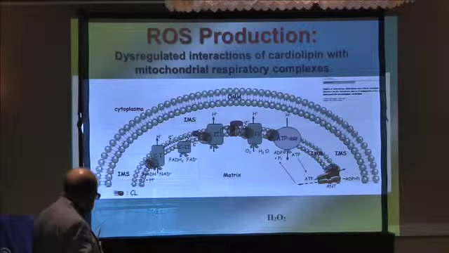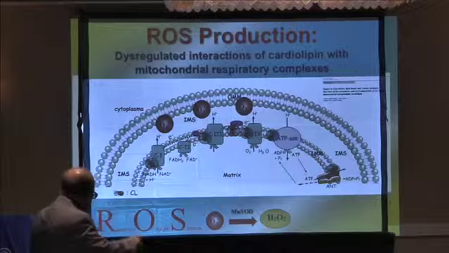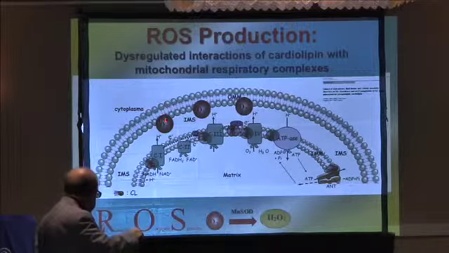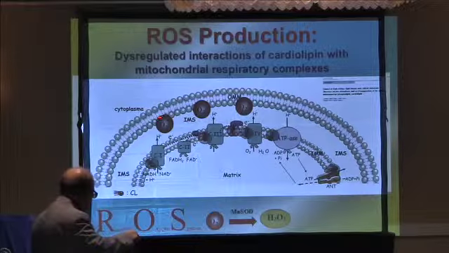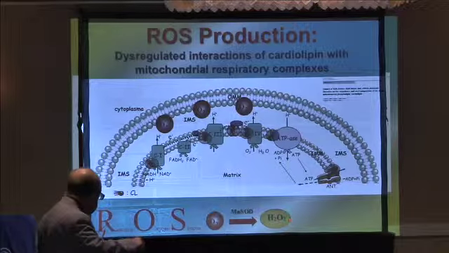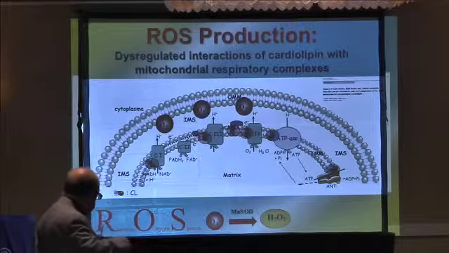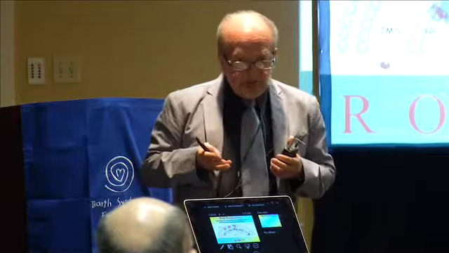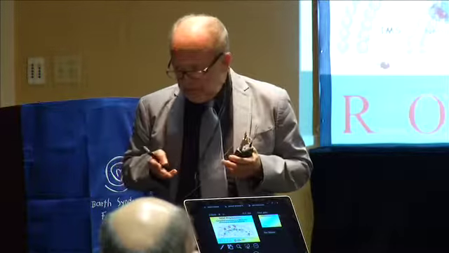So in dysregulation, electron transport will be carrying electrons to oxygen, and then superoxide radicals will be formed, and their dismutation will produce hydrogen peroxide. This is a very likely thing that may be happening in Barth syndrome mitochondria.